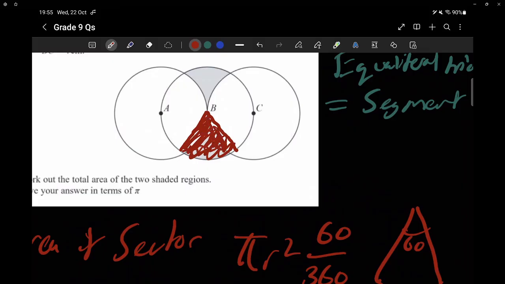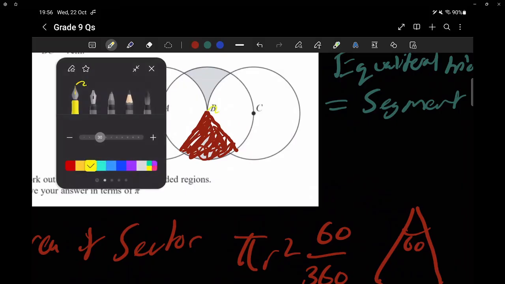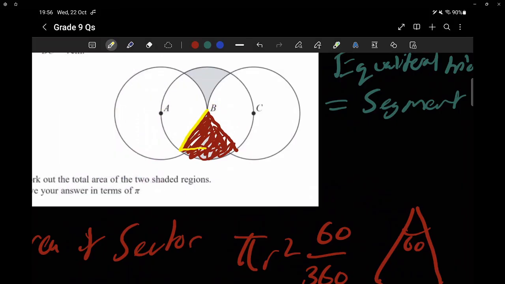But then if I overlay on top of that, this is our equilateral triangle. So we've now found the areas of both of them.